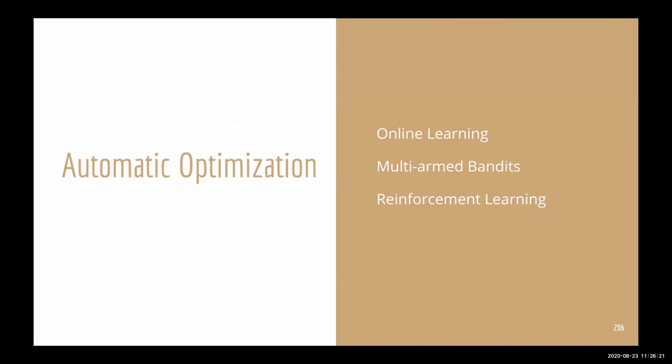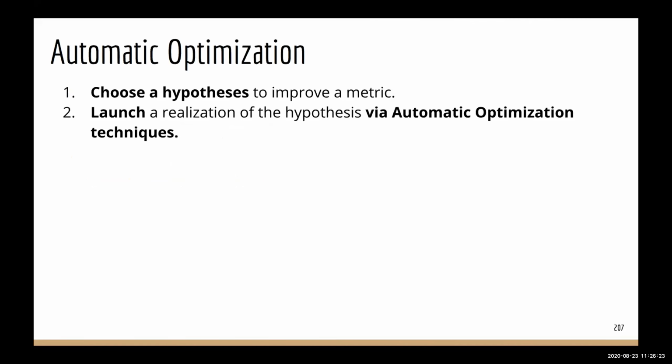Okay, so automatic optimization. Now, this has a very different view of how you want to optimize a metric, right? The manual and semi-manual approaches view things via experiment. Automatic optimization is, I don't really care too much about experiments per se, because an experiment is an intermediate step where you want to make a statement of certain improvement.